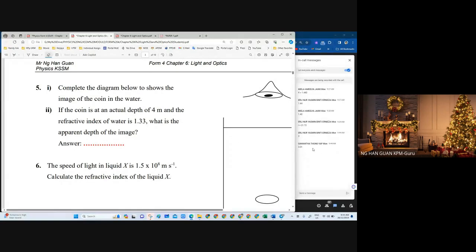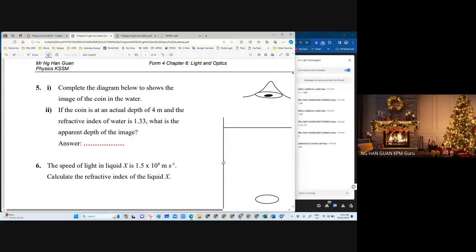So is it 3 or 3.01? Which answer should we give? It's 4 divided by 1.33, right? So the answer, when you use 1.33, is 3.0075. For me, the better answer for SPM nowadays: 3.01 was for the last time SPM.